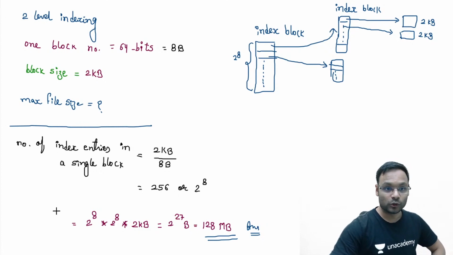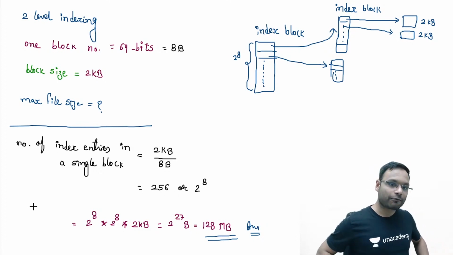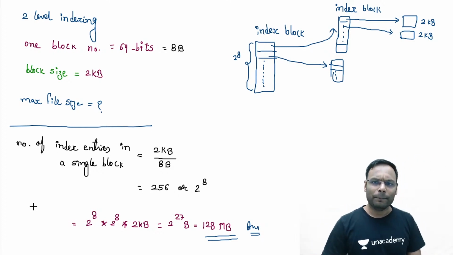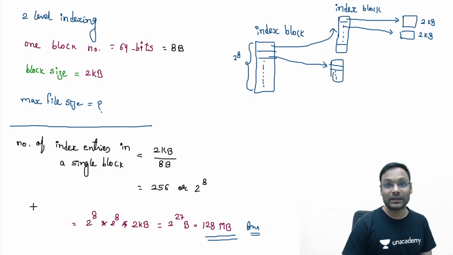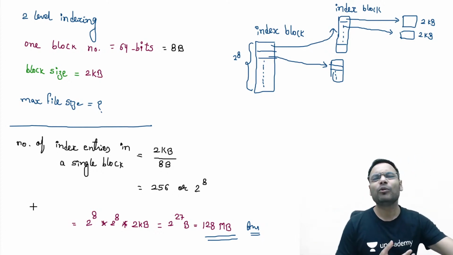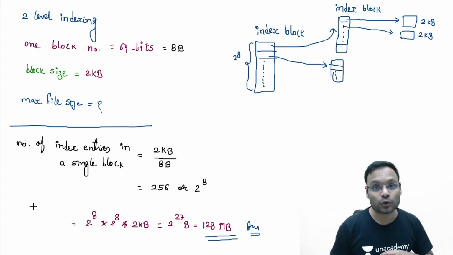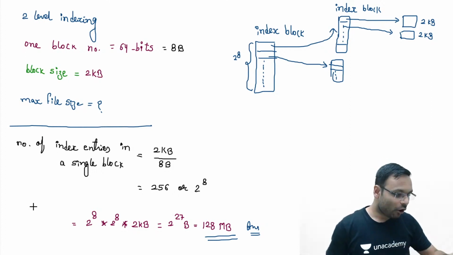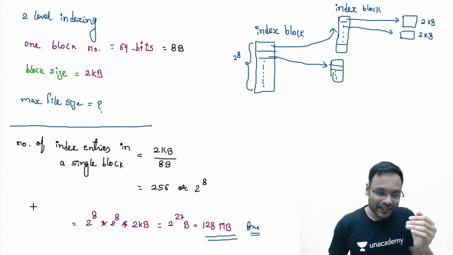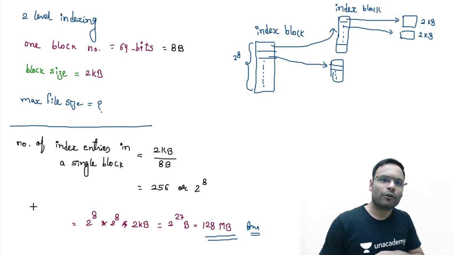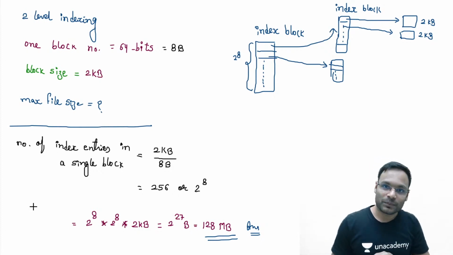Somebody is asking a really good question: will this cause memory wastage? Of course there will be memory wastage, but the thing is, in the hard disk we have enough space actually, but the hard disk is so slow to respond. So we will always try that if we give extra space for the file storage, it's fine.